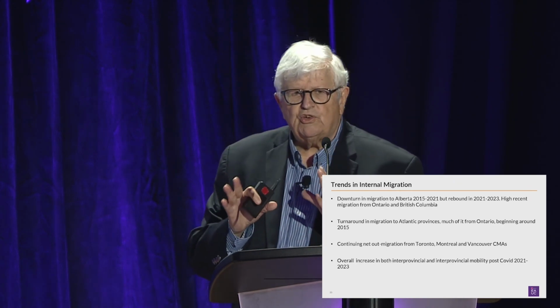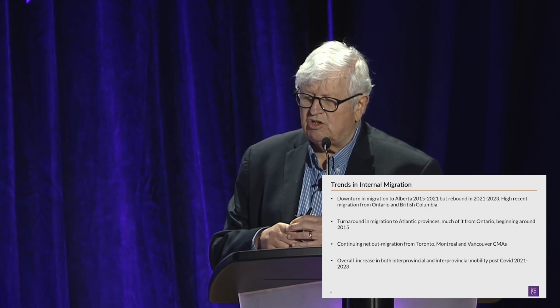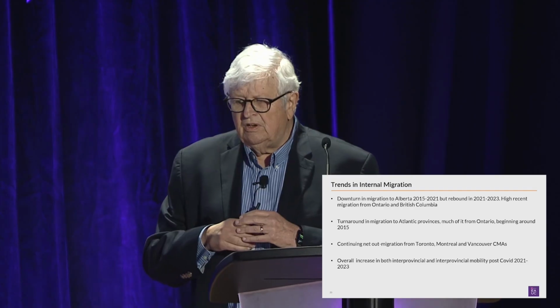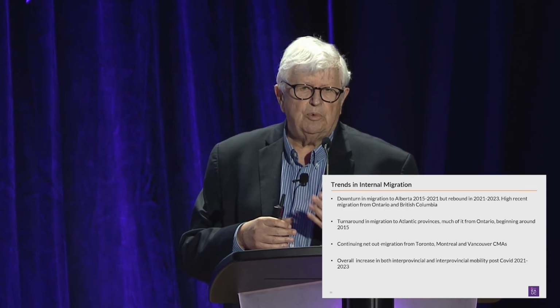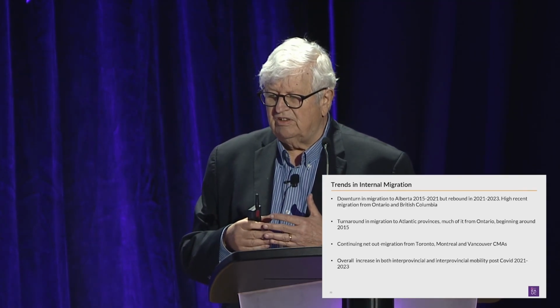First of all, there are 3 big trends that I've been tracking on internal migration over the last 7 or 8 years. First of all, there was a downturn in the resource industry that affected Alberta, Saskatchewan, Newfoundland, and Labrador in and around 2015.